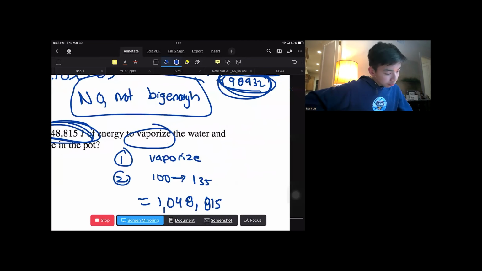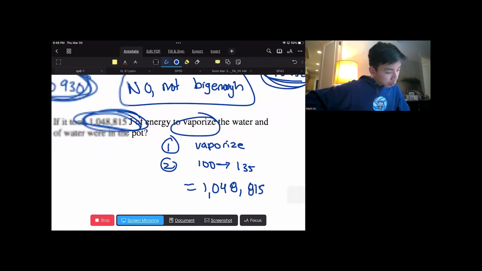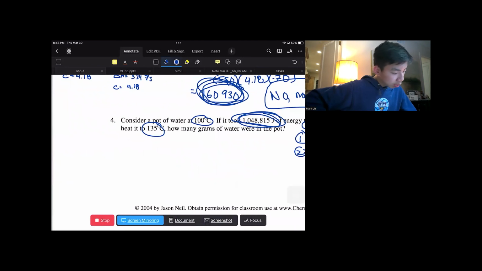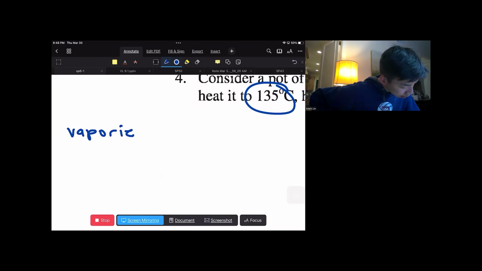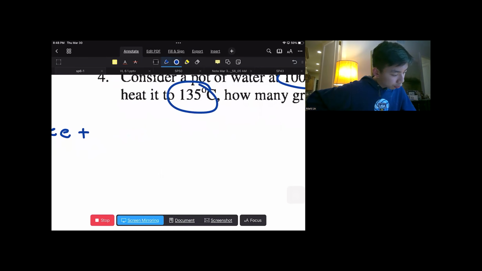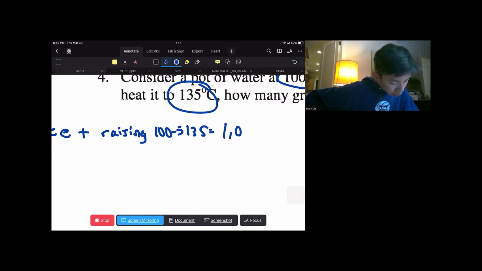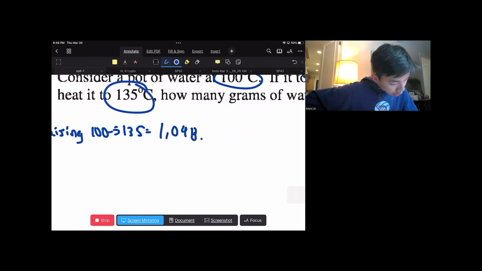So if I write this out, it's the energy to vaporize plus the energy to raise from 100 to 135 is going to equal 1,048,815.